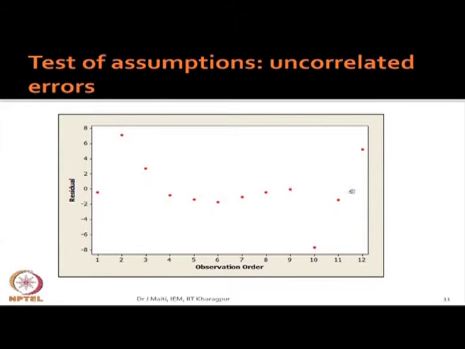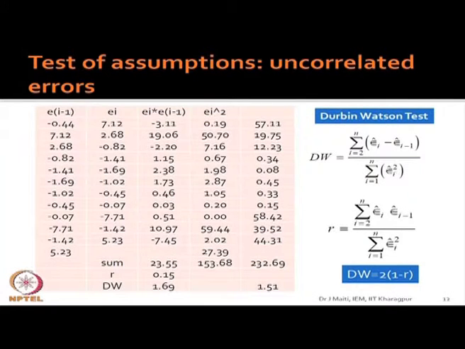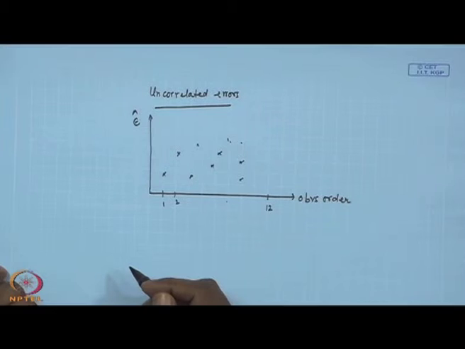So, here I think it is very difficult. Whenever you find difficulty, there are some quantitative tests which can be done to check the uncorrelated error condition. The test commonly used is the Durbin-Watson test.